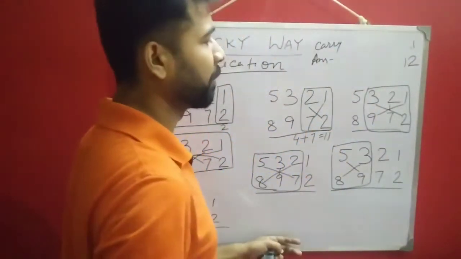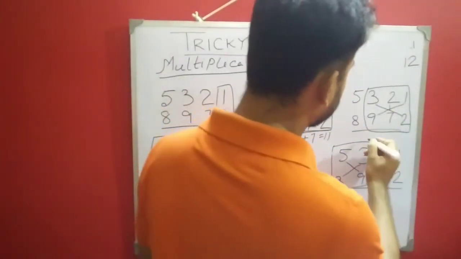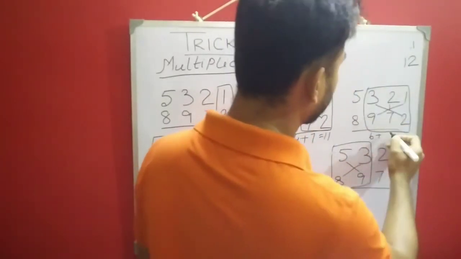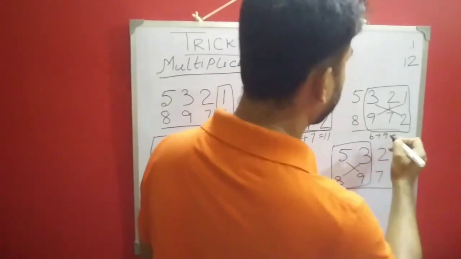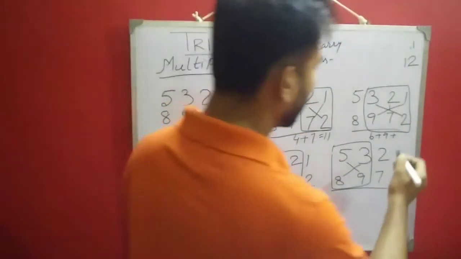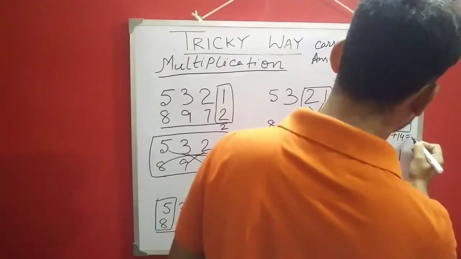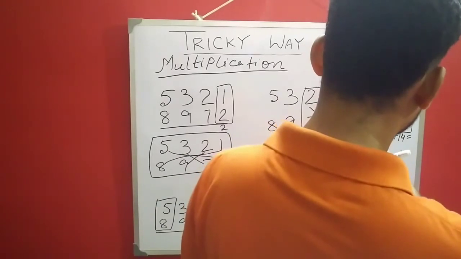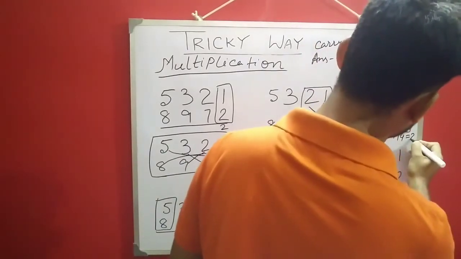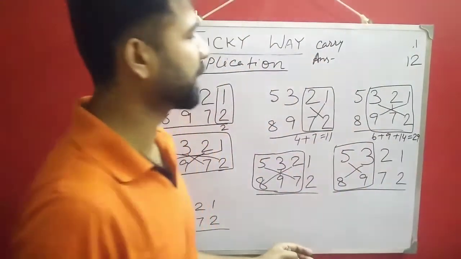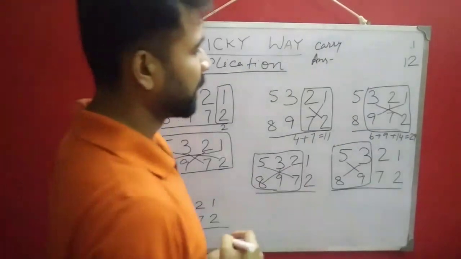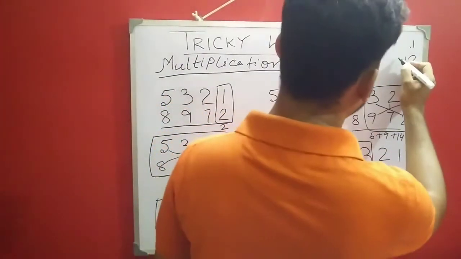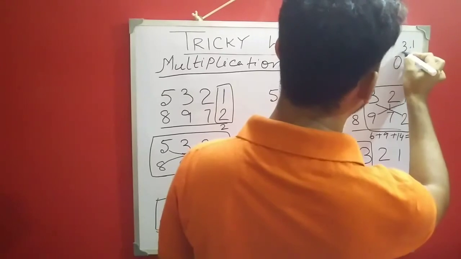Now 3 into 2 equal to 6, plus 9 into 1 equal to 9, plus 7 into 2 equal to 14, equal to 29. And we have a carry: 29 plus 1 equal to 30. So 0 and carry 3.